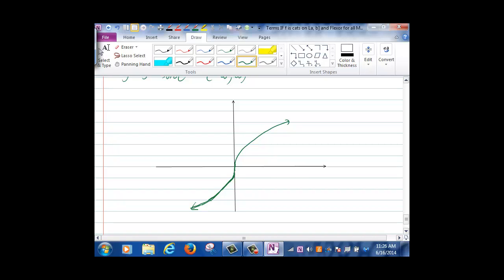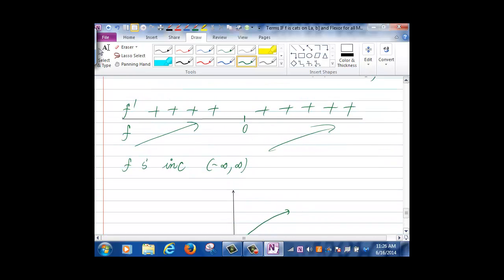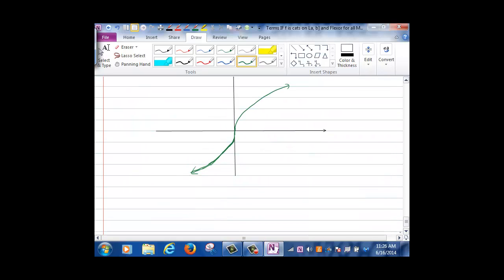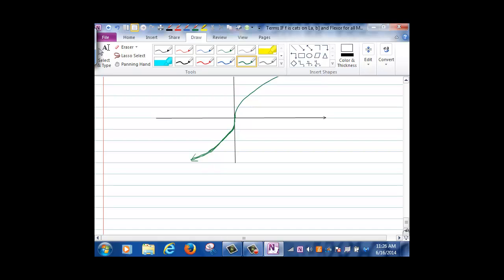This is the graph because it's increasing everywhere. The function was x to the 1/3, okay? And the graph of that function is given by this. All right, so the function is increasing everywhere.